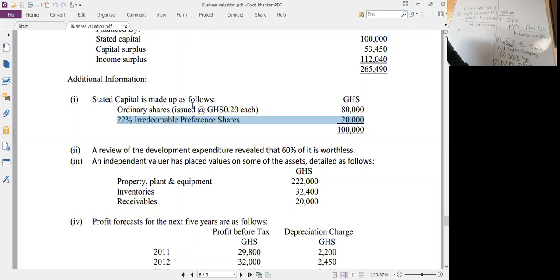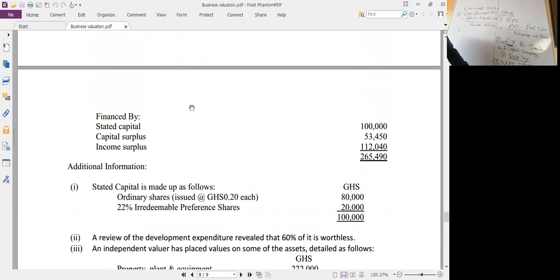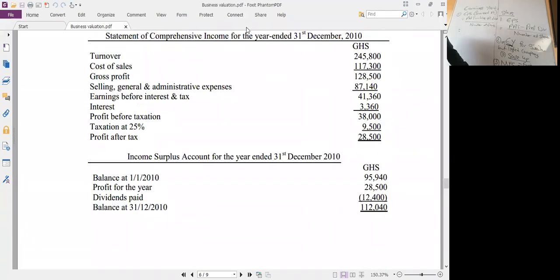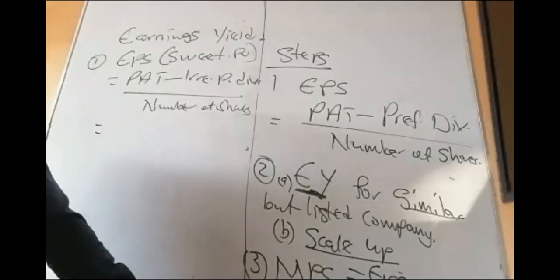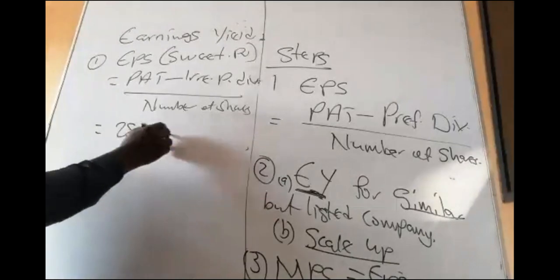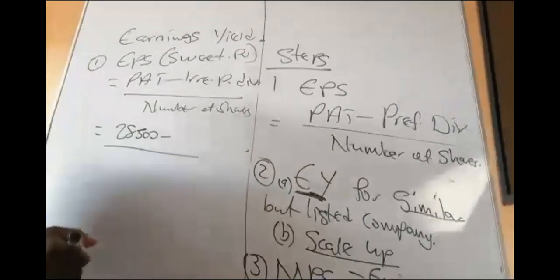So that is it. First, profit after tax 28,500. Let's go and pick that one. Perfect. Then 28,500 minus the dividend, all divided by the number of shares.